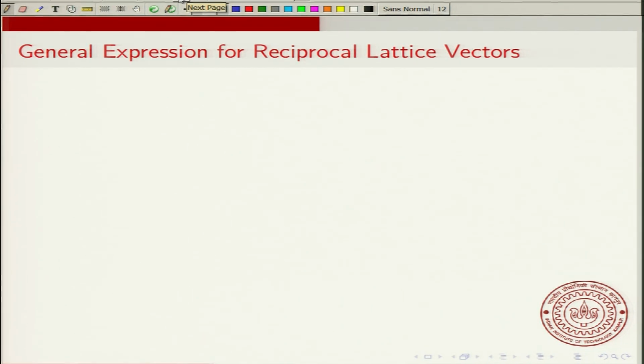Now we have talked about reciprocal lattice vectors in the context of cubic or orthorhombic structures, but we can write a general expression for reciprocal lattice vectors. Suppose the Bravais lattice vectors, and the basis for this Bravais lattice are A1, A2, A3.